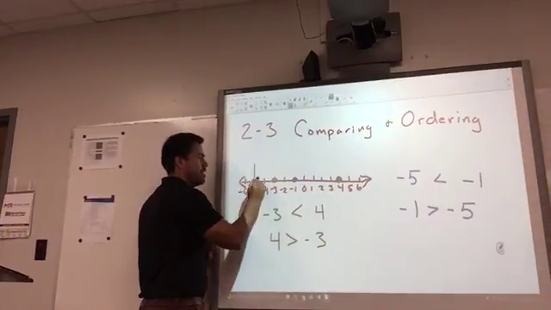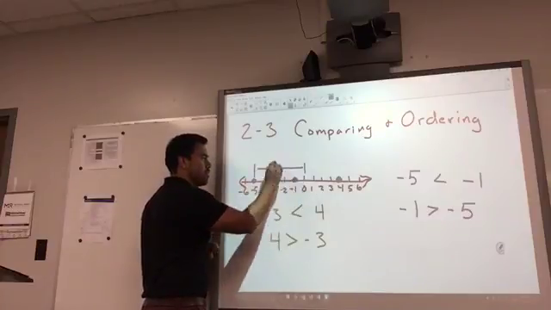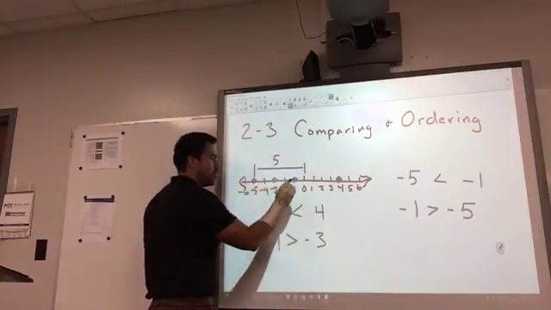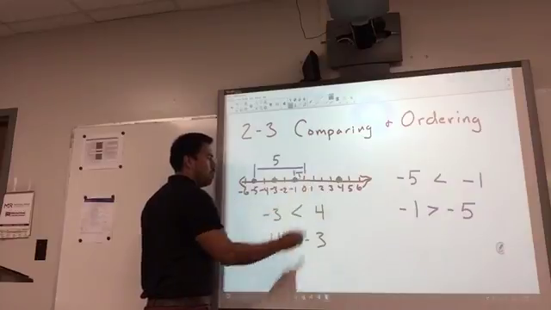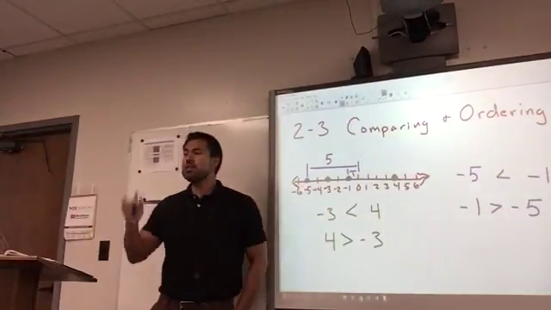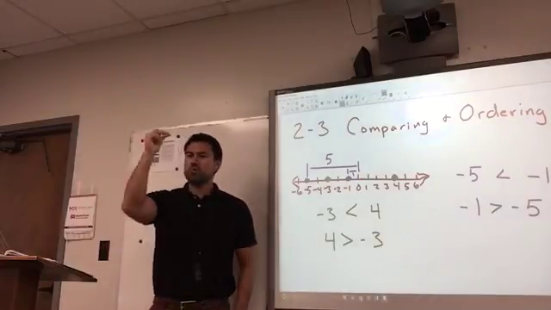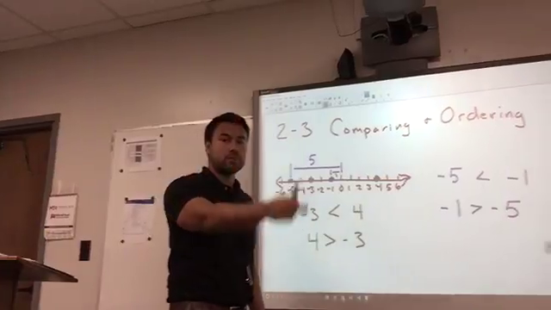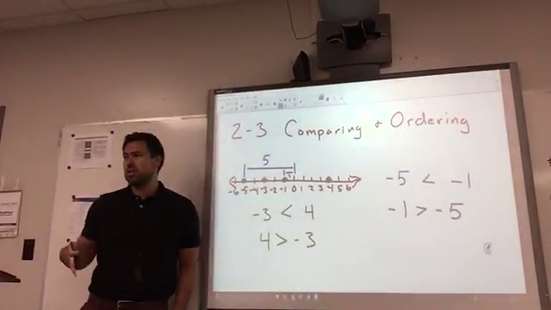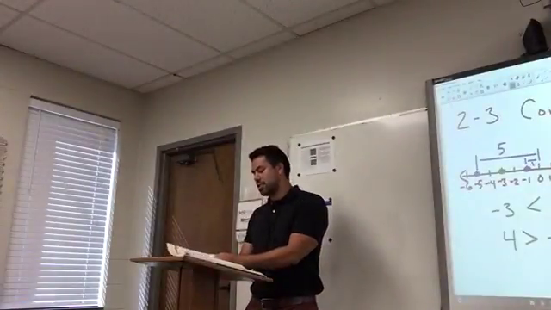More numbers that are away from 0. So absolute value, how far is -5 from 0? 5 units. And how far is 1 from 0? 1 unit. So which one has a greater absolute value? -5. Can you answer which one's the lesser, which one's the greater, and which one has a greater absolute value? Good. I hope you guys can, because that's basically what you're doing in this lesson.